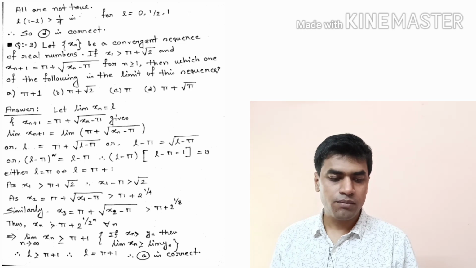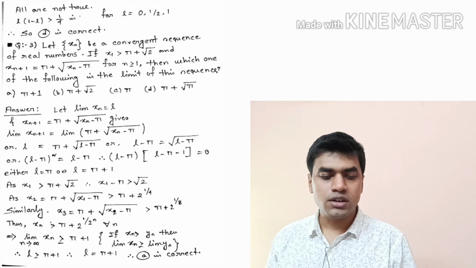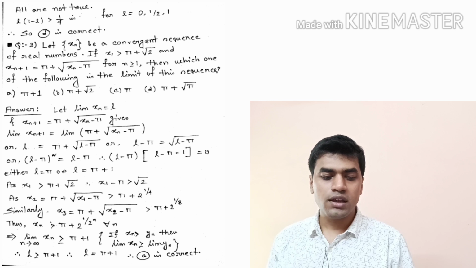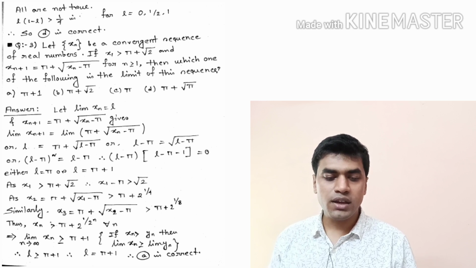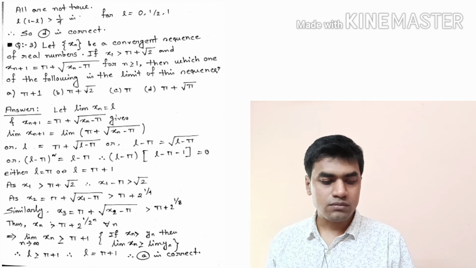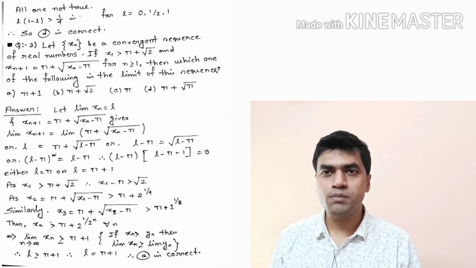Now limit x(n+1) equals limit of pi + root(xn - pi), or L = pi + root(L - pi), or L - pi = root(L - pi). Or (L - pi) whole square equals L - pi.